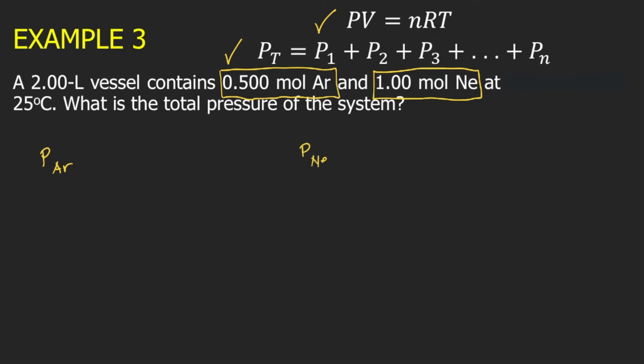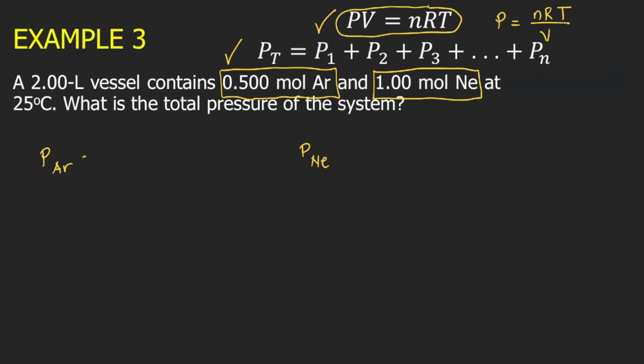So how are you going to do that? We will use the ideal gas equation. This one, PV equals nRT. If you rearrange the ideal gas equation to solve for the pressure, the equation becomes pressure is equal to nRT divided by the volume.